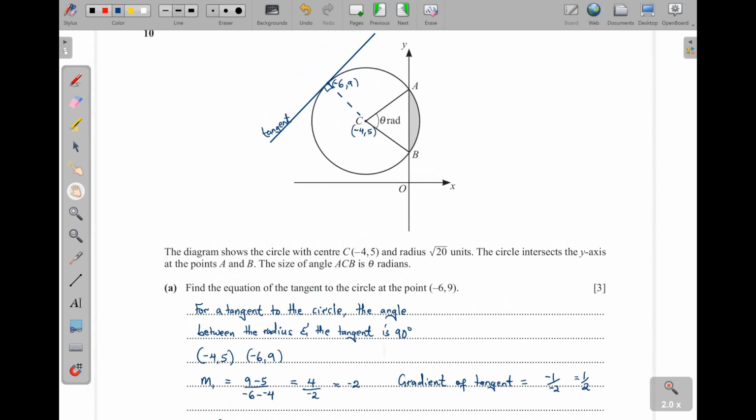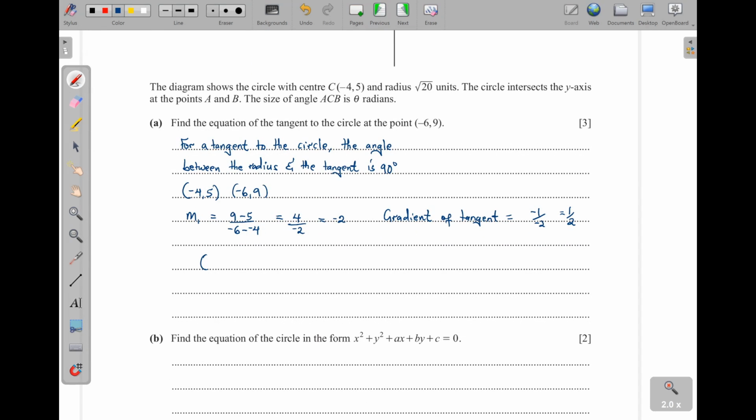Now, this line here passes through the point they gave us, which is (-6, 9). Now we are going to use y minus y1 is equal to m into x minus x1. So y minus 9 is equal to m, which is a half, into x minus -6, so it will be a plus.